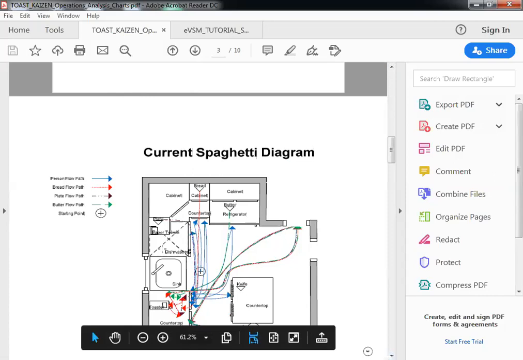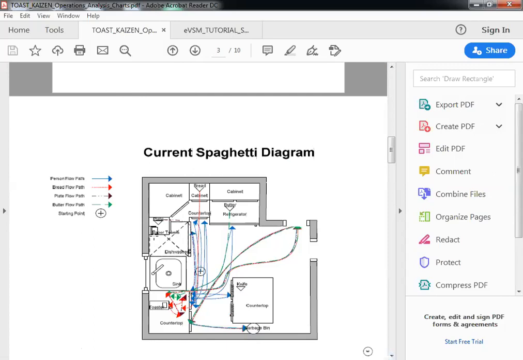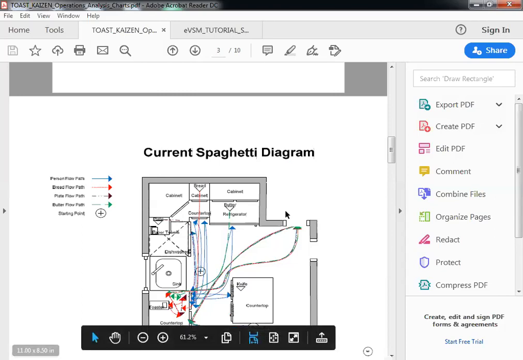So what you're essentially doing is you are looking at the flow process chart, and every time there's a transportation step, you're asking, okay, what is being transported? Is it the person only, or is it the person with the plate? Is it the person with the butter? Is it the person with the bread?